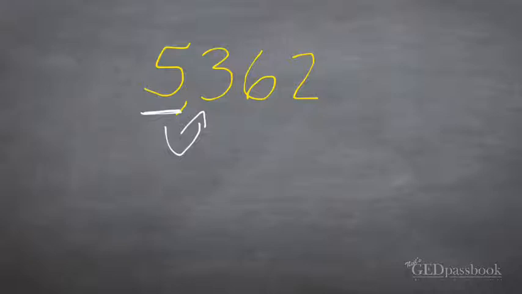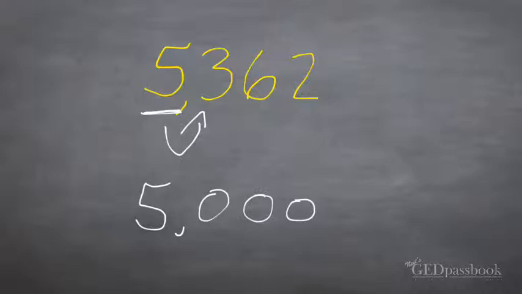It's under 4, which means that place value, the thousands place, the 5, stays the same, and the rest becomes zeros. Does that make sense now? 5,362 rounded to the nearest thousands is 5,000.